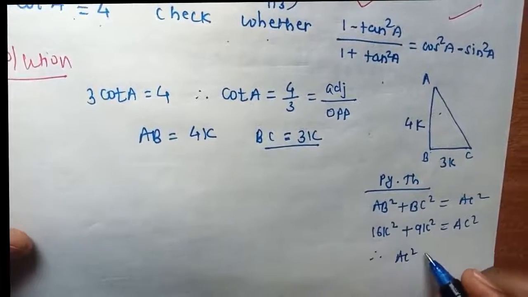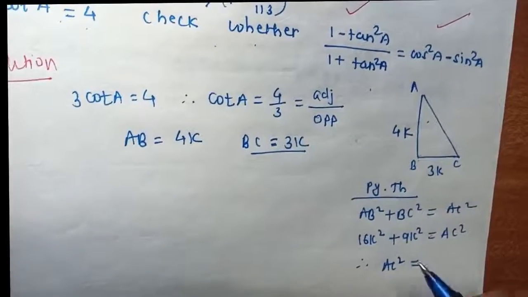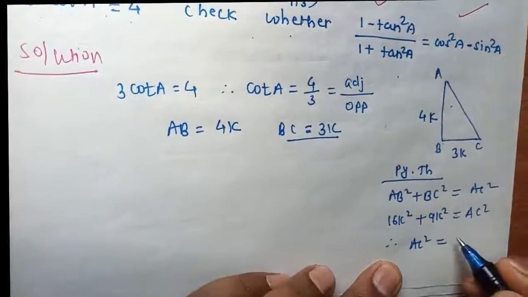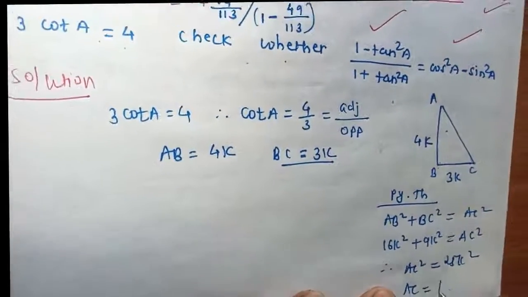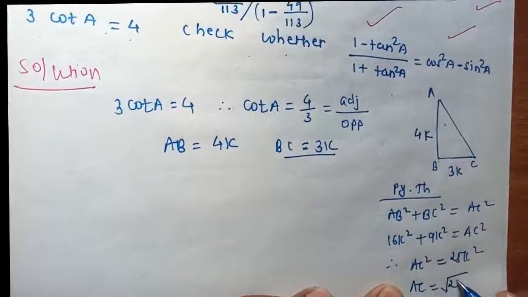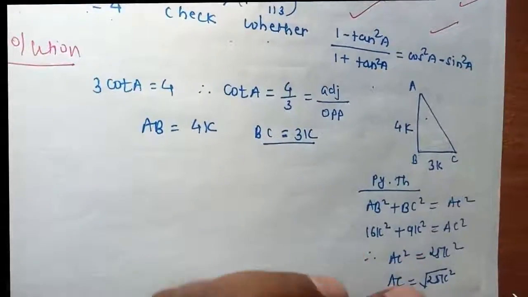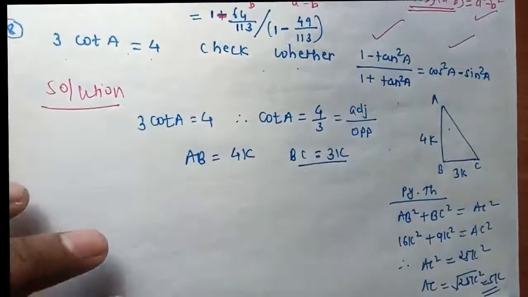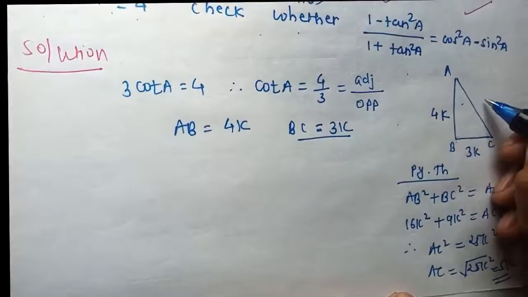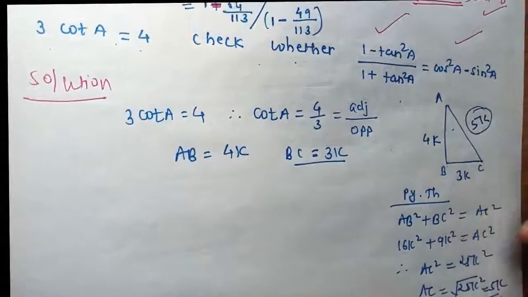Therefore AC square is equal to 16K square plus 9K square, which will come 25K square, and if you take the square root, AC is equal to root of 25K square, that is nothing but 5K. So here we got the value 5K.